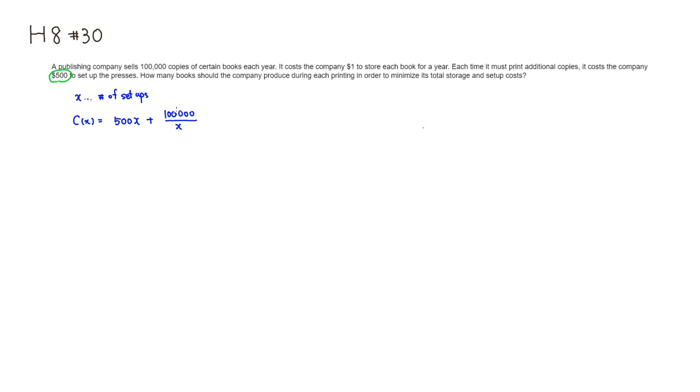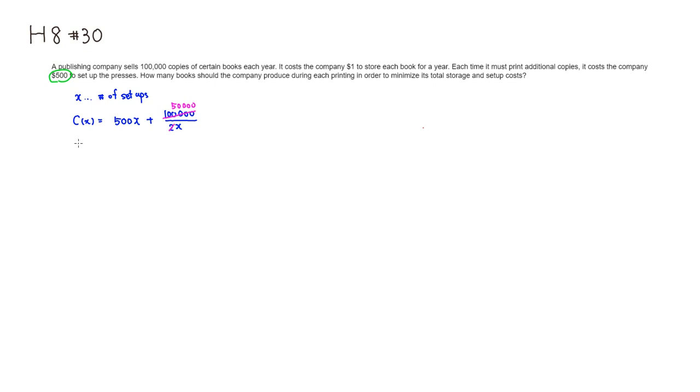On the average, you're going to store half of it, so I'm going to divide by 2. Then we can cancel out the 2's, and instead of 100,000, I'm going to put 50,000 on top. So this is the total cost, and we want to minimize this function.